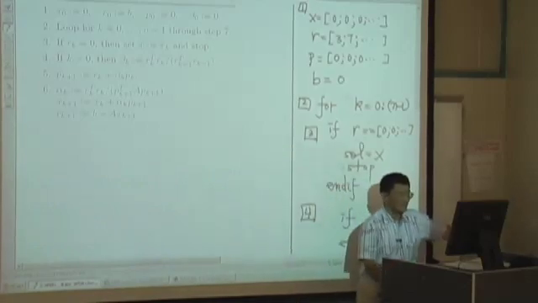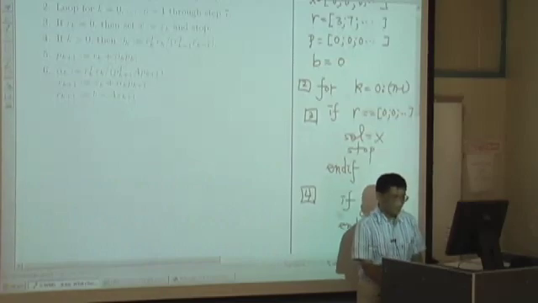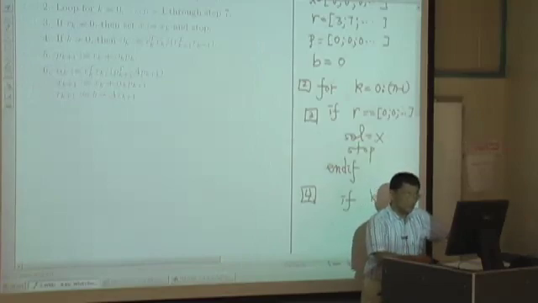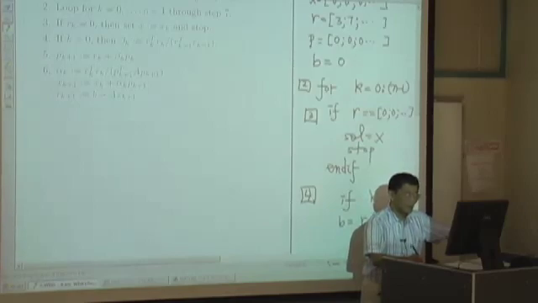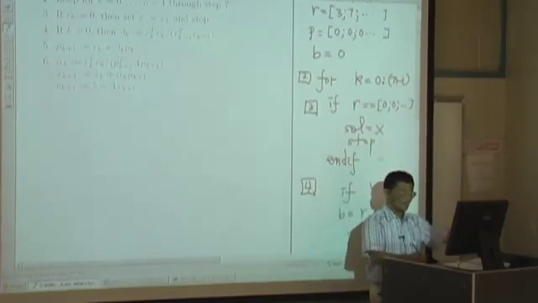Yeah, it's not correct, sorry. We should implement the same way. This is incorrect. So we should say if k is greater than 0, then beta k equals R transpose multiplied by R over R old transpose multiplied by R old. Right? This is the one that you write. So I wrote down up to fourth line, and if you have a question, ask me.